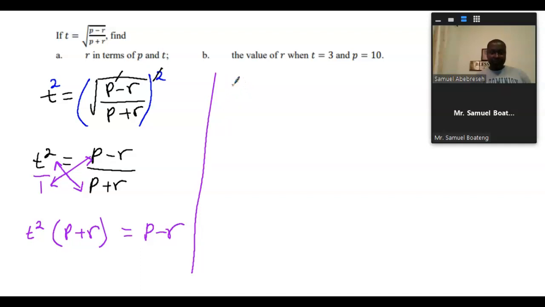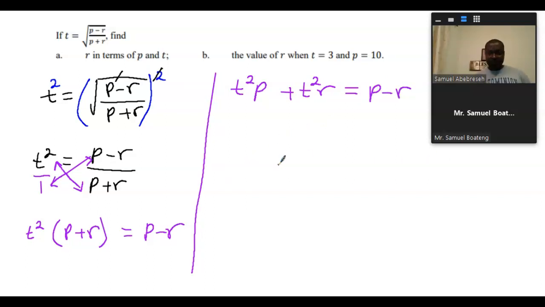We have T squared P plus T squared R, which is equal to P minus R.